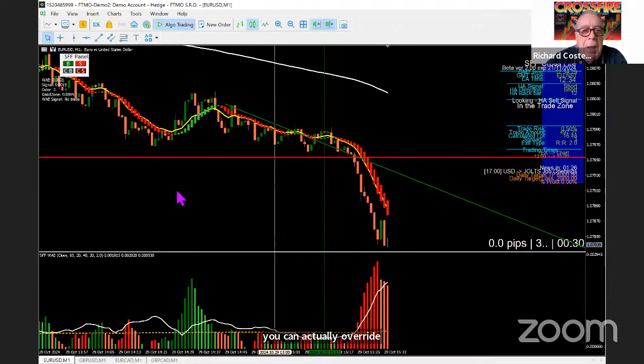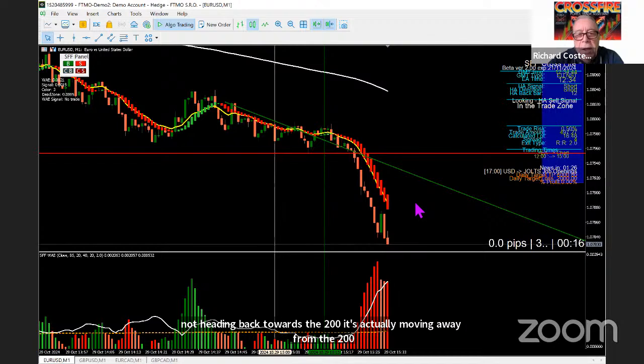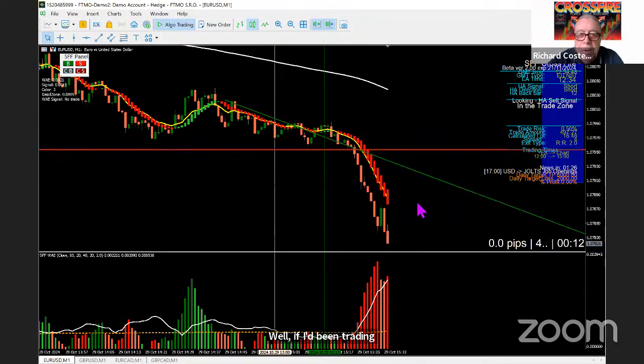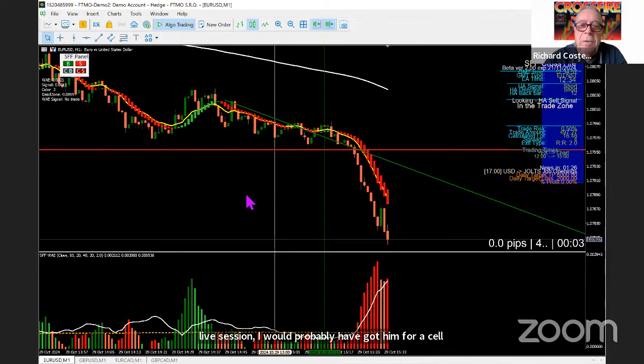And I do that sometimes if I can see that quite clearly the 13 is not heading back towards the 200, it's actually moving away from the 200. So if I'd been trading on my own and not doing this live session, I would probably have got in for a sell, even though the MA crossover didn't occur.